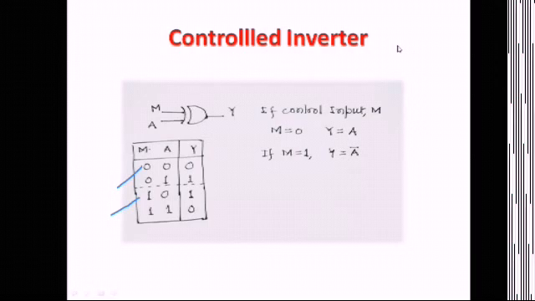Now let us see these cases again, when M is equal to 1. Again there will be two cases, this one and this one. When M is equal to 1, what we can see is Y is equal to A bar.